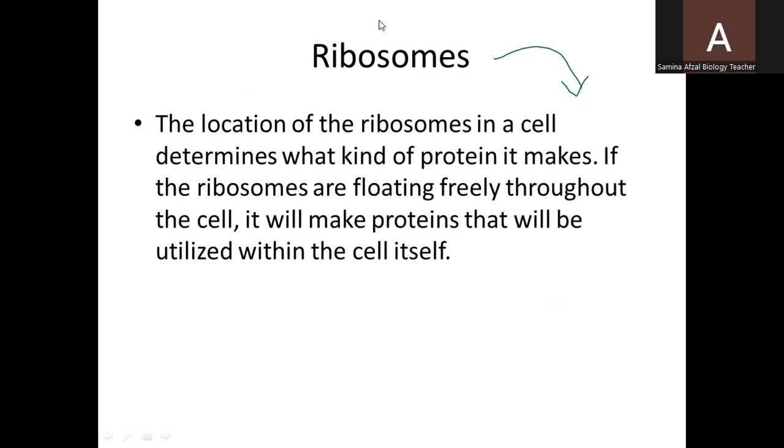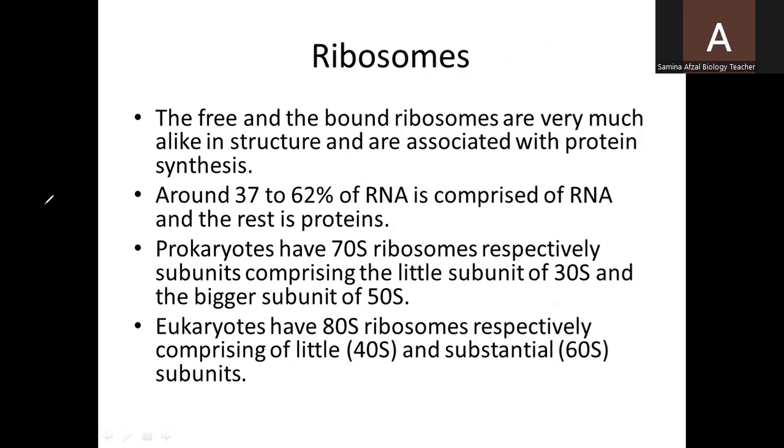So there are free ribosomes and bound ribosomes. Free means those present in the cytoplasm, and bound ribosomes are those present on the rough endoplasmic reticulum. They are very much alike in structure.